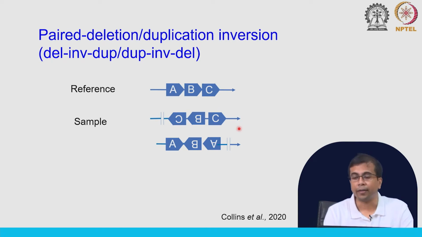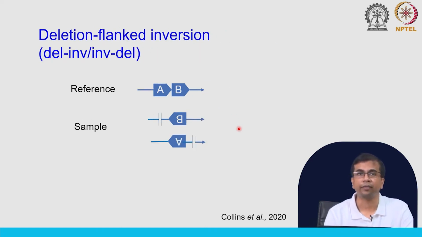You can have other types of complex SVs. Here is one called deletion flagged inversion, right. So, del inversion or delinv. If you look at the reference sequence, it is A B, right, these 2 regions, and what you see is that one region is deleted and the other region is inverted.